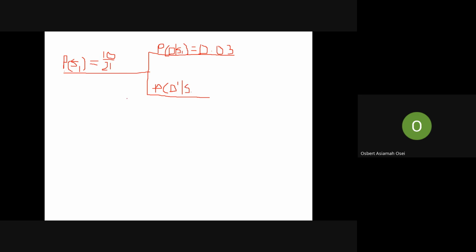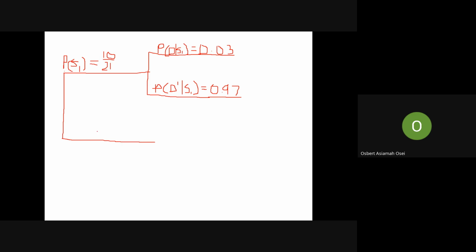So having a good part given that it is coming from supplier 1 is 0.97. I hope we understand that of supplier 1. Yes, sir. Okay, that's great. So we move on to supplier 2.